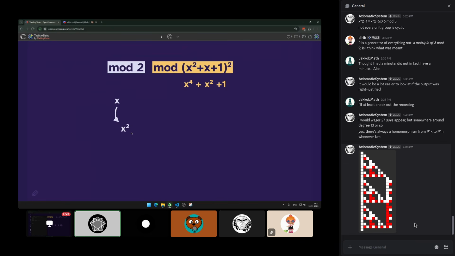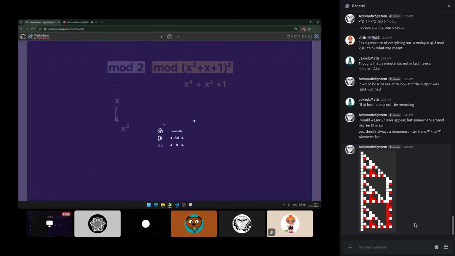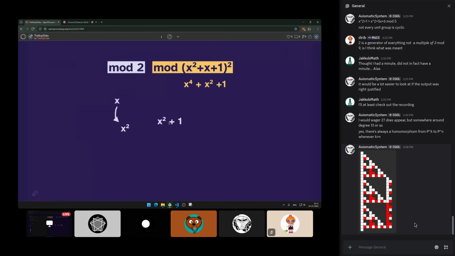That squares to x squared, which then squares to x to the 4th. That will just turn into x squared plus 1. And then that squares to x to the 4th plus 1. Wait a second. What happened? Oh yeah, that's not right. Yeah, wait. Yes, it is. Wait, I'm confused.